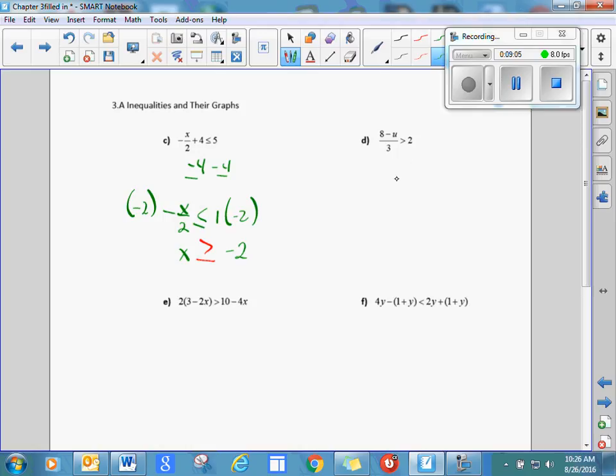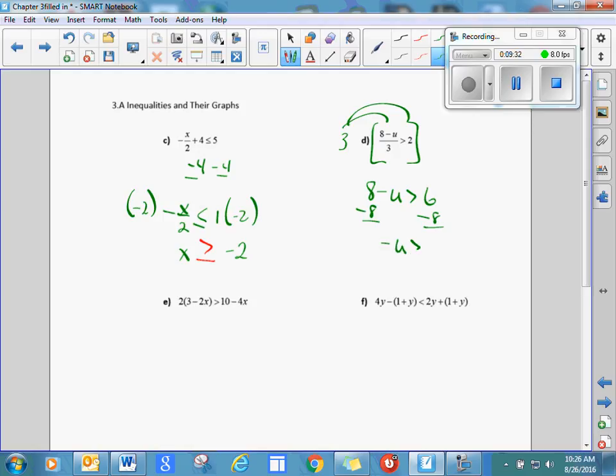Let's do one more. We need to clear out the 3, the denominator, so we can multiply. If you think of this 3 as multiplying to both terms on either side of the inequality, the 3's cancel, and you get 8 minus u greater than 6. Subtract 8 from both sides.